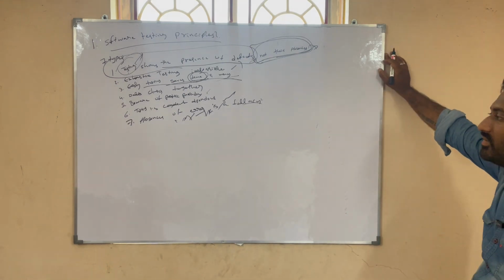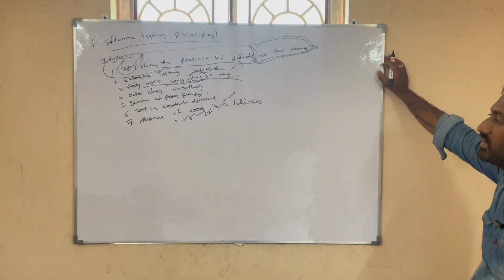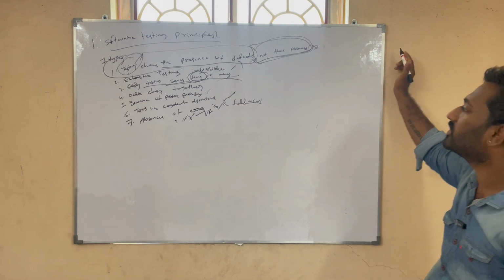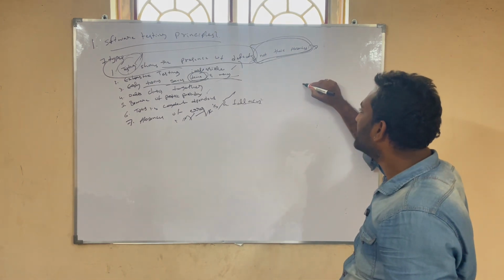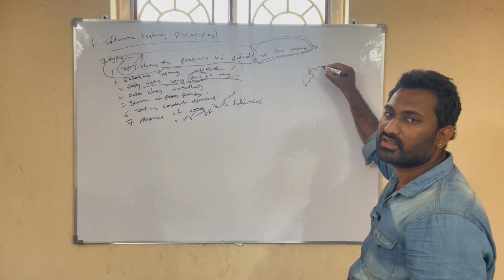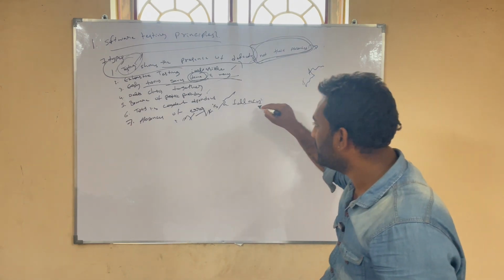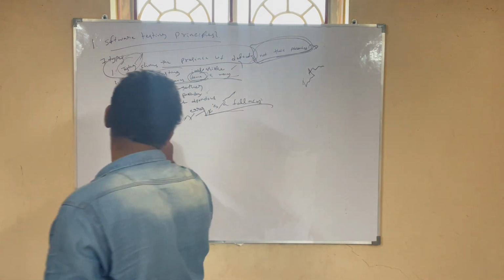The last one: absence of errors is a fallacy. Absence of errors is false, it is not right. There is no possibility of an absence of errors.